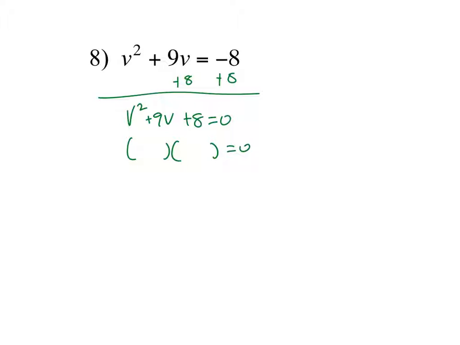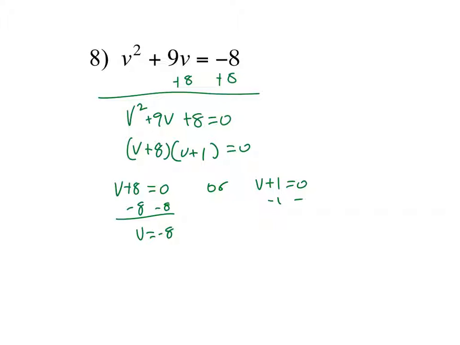So two numbers here that multiply and give you 8, and add and give you 9, are 1 and 8. So again, I'm going to split this: b plus 8 equals 0, or b plus 1 equals 0, so b equals negative 8, or b equals negative 1.